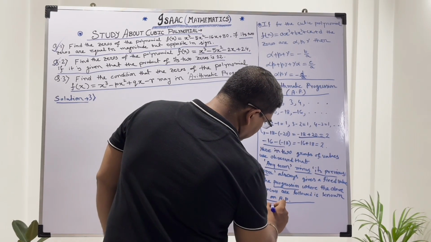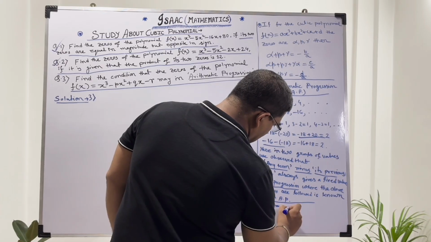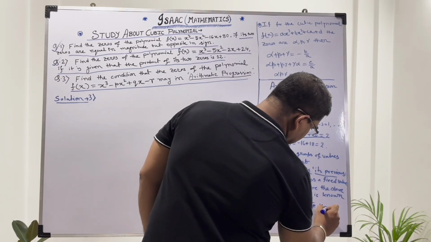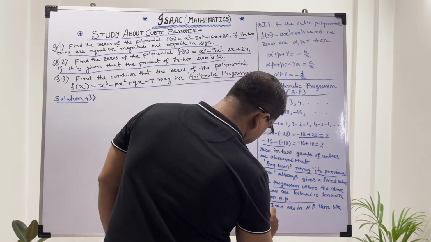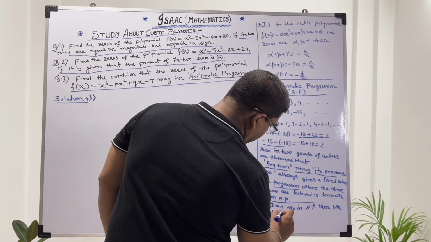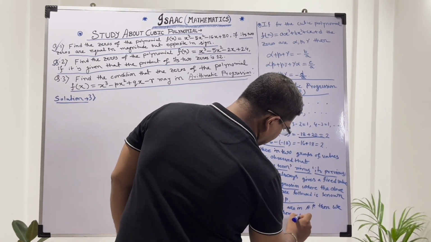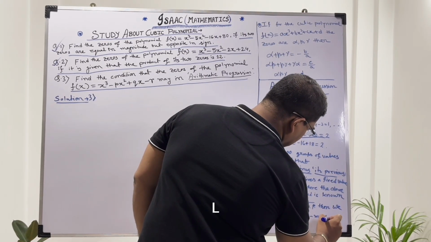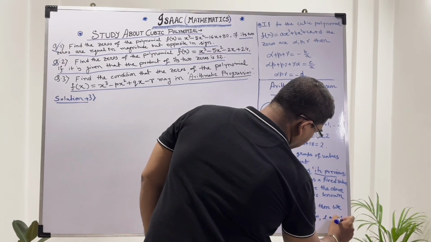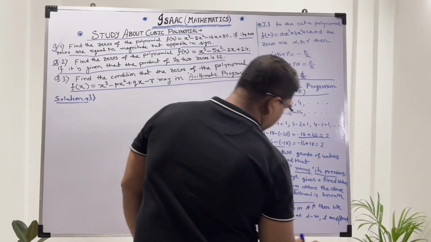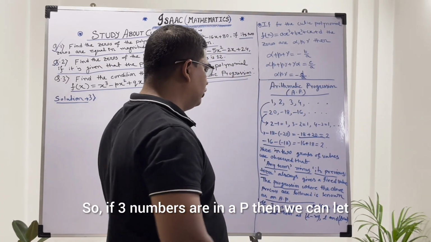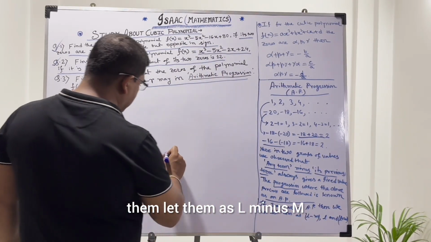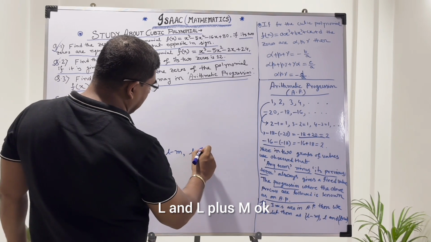If three numbers are in AP, then we can let them be L minus M, L and L plus M. So if three numbers are in AP, then we can let them be L minus M, L and L plus M.